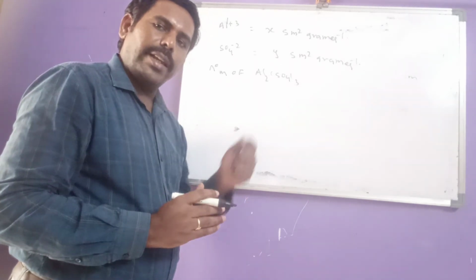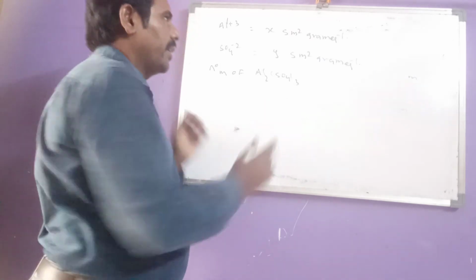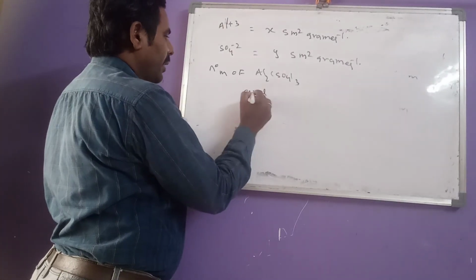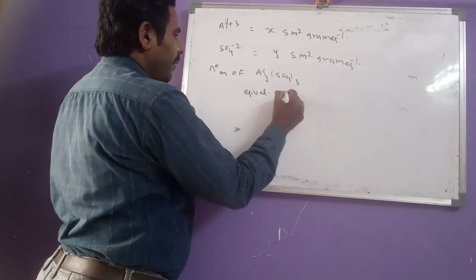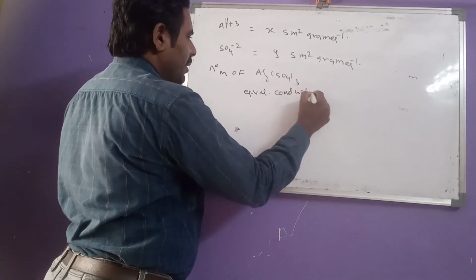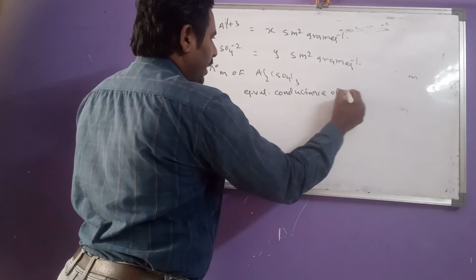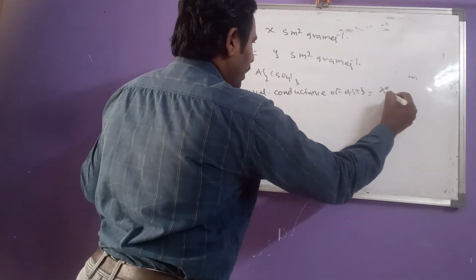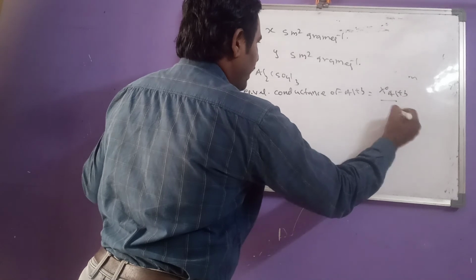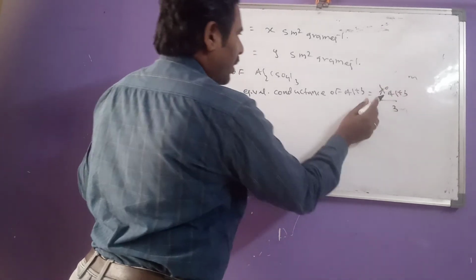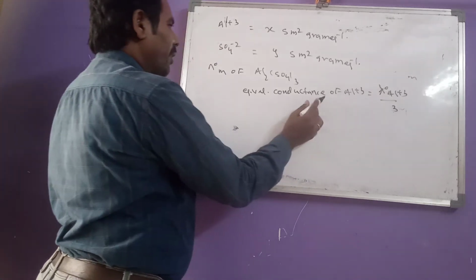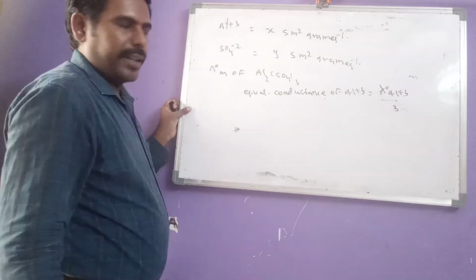So equivalent conductance of Al plus 3 equals lambda naught Al plus 3 by 3. So ionic conductance when divided with 3, we convert that into equivalent conductance.